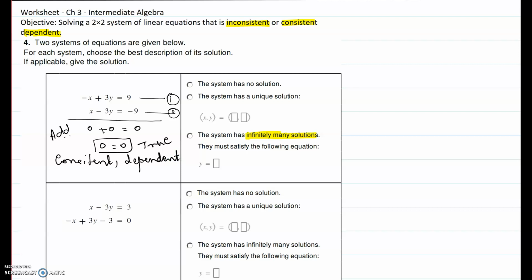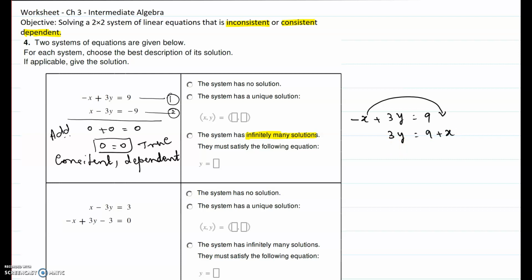And they must satisfy the following equation: y equal to, you can solve for y from any one of the two equations. If we solve for y from equation 1, we get negative x plus 3y equal to 9. So if you isolate the y, you have to move the negative x to the other side. That will become positive x.